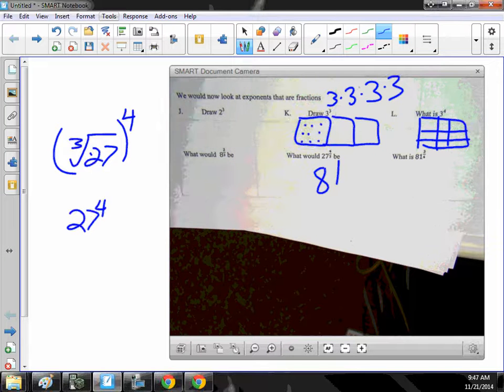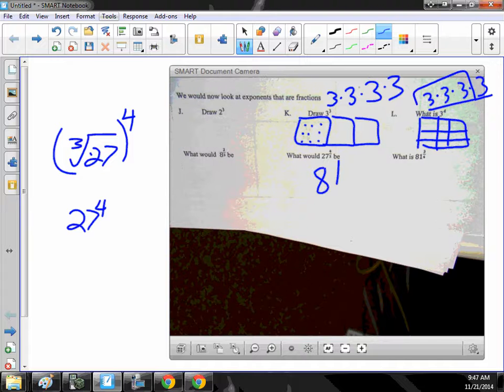Had 81 dots. 3 times 3 times 3 times 3. What is 81 to the 3/4? Well, how many of those am I going to keep? 3 of them. So 3 to the third is 27. Okay?